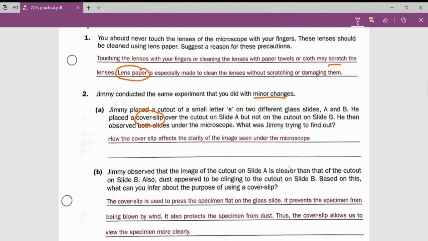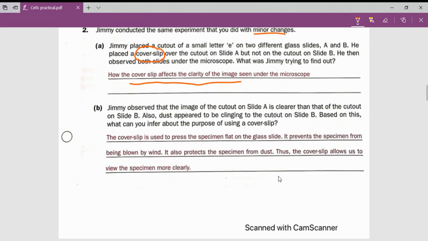Okay, and what is the purpose of Jimmy? What was Jimmy trying to find out? Basically, he wants to see how the cover slip affects the clarity of the image under the microscope. So how does this E that is placed under a cover slip look different from the one that is placed on slide B?